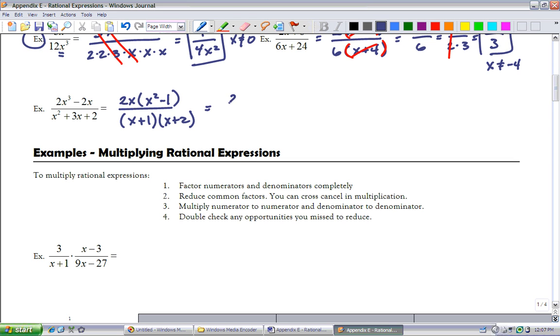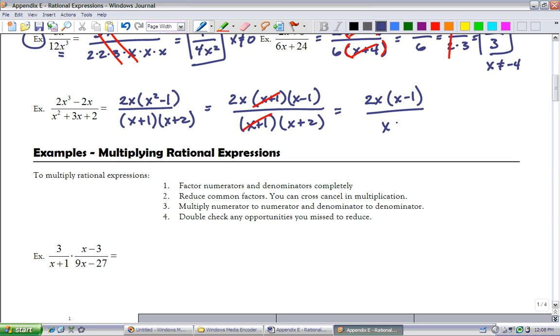Now, we should recognize that x squared minus 1 is the difference of squares, so we'll need to factor that. And if we write that all out, now we can look at our common factors. Really in this case, there is only one pair of common factors here. It's the x plus 1 factor, okay? And if we cancel those out, we're left with 2x times x minus 1 times quantity x minus 1 all over x plus 2.